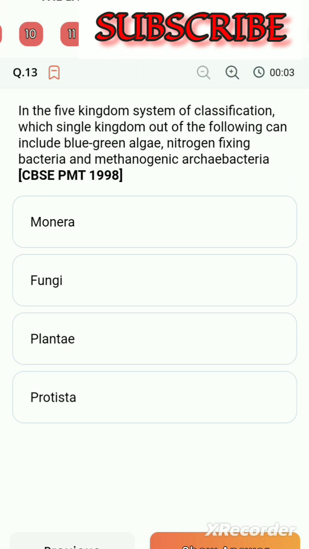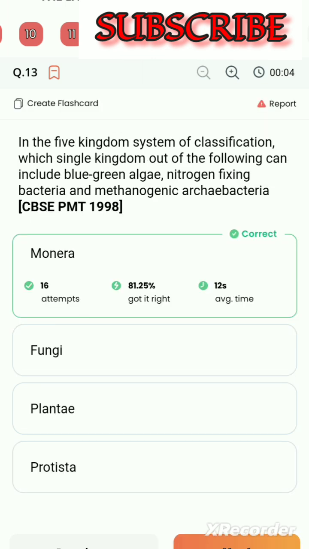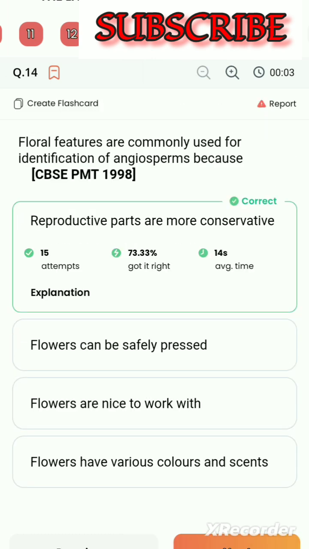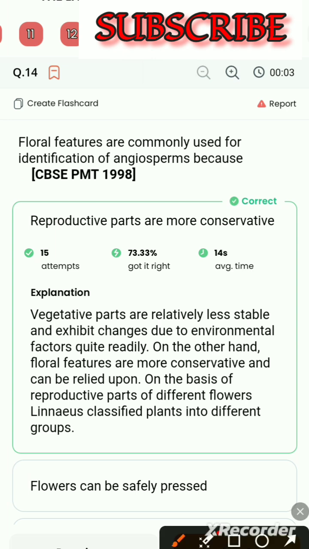Question number 13, in the 5 kingdom system of classification, which single kingdom out of the following can include blue-green algae, nitrogen fixing bacteria and methanogenic archaebacteria? That is Monera. 14, floral features are commonly used for identification of angiosperms because reproductive parts are more conservative.